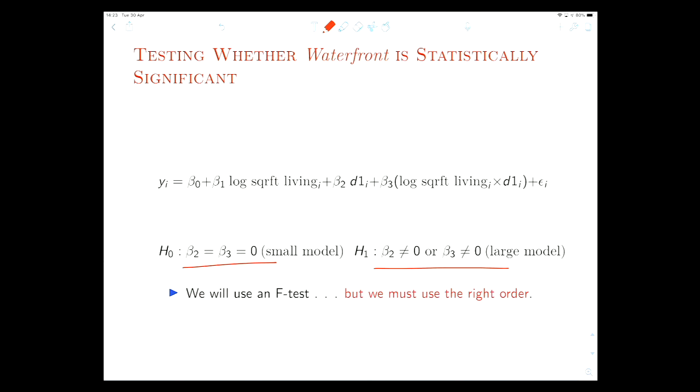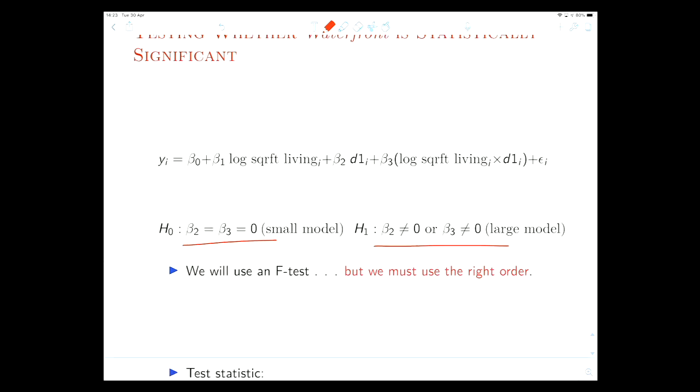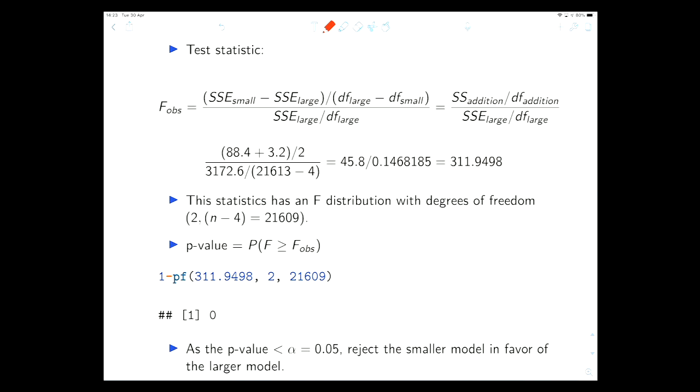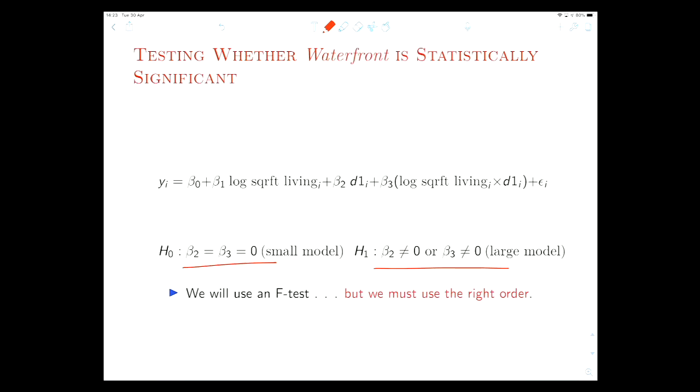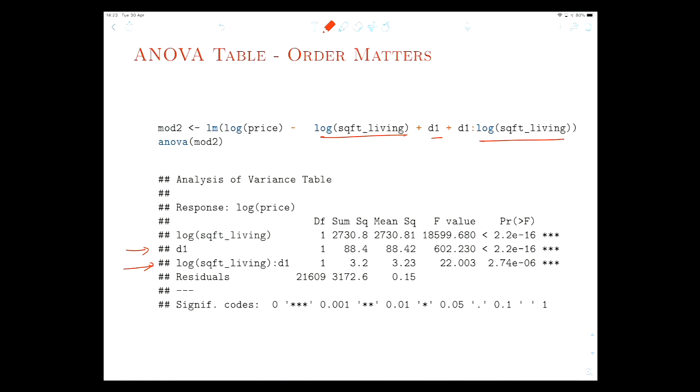We've changed the order. For the test statistic, you take the last two sums of squares, add them up, divide by the sum of the degrees of freedom, and divide by the mean squared error.